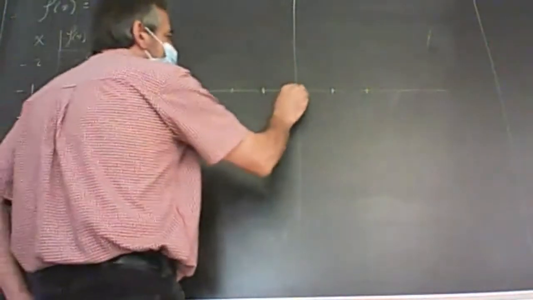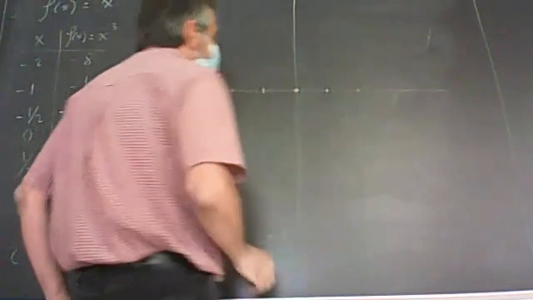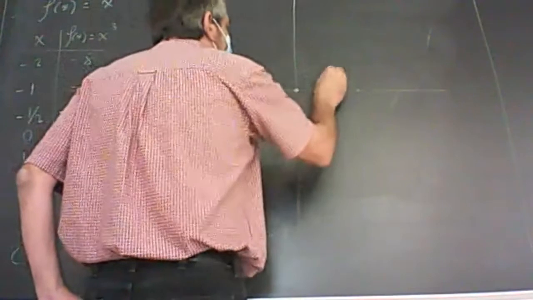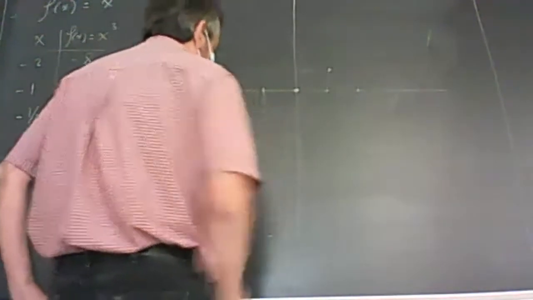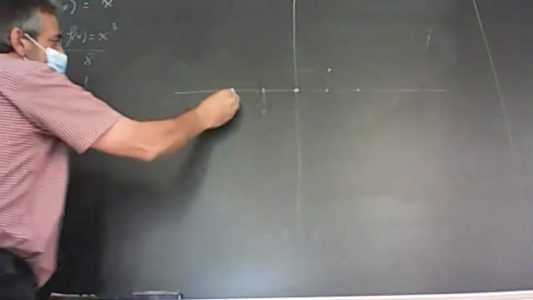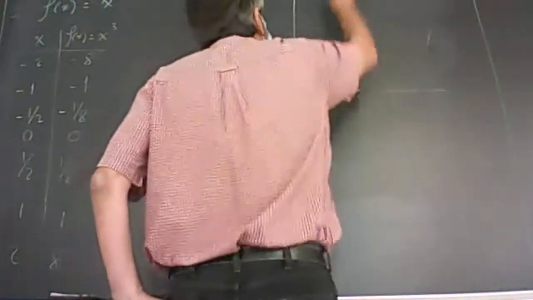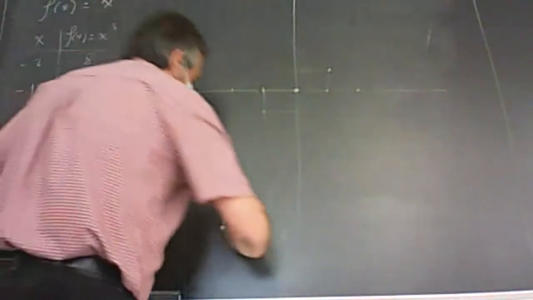Well, we have 0, 0 right there. And 1, 1, maybe this is about 1, and this is about negative 1 there. Then negative 2 here gives negative 8 there, and the 2 with the 8 there. So let's graph this.